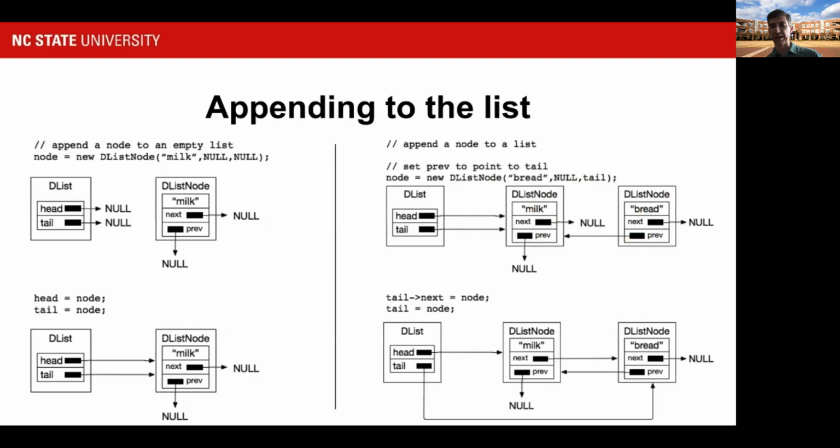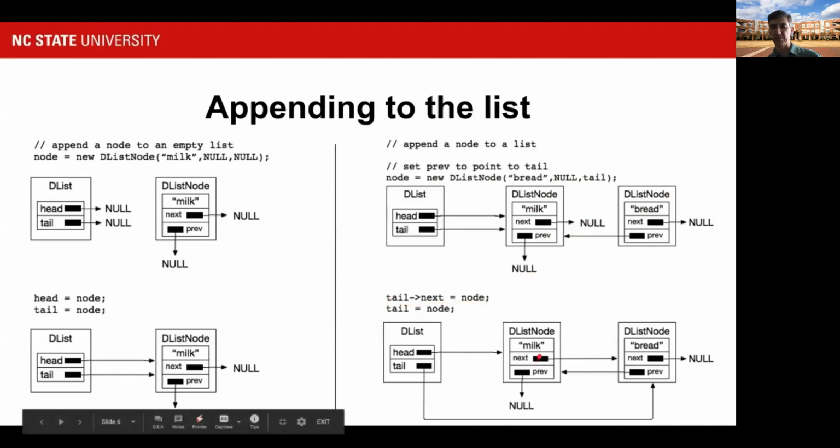After that, we know there are a couple of things we need. We need next to point to this new node, and then we need to change the tail to point to this new node. We say tail next equals node, and that sets the next field to point to bread. It draws this arrow here.